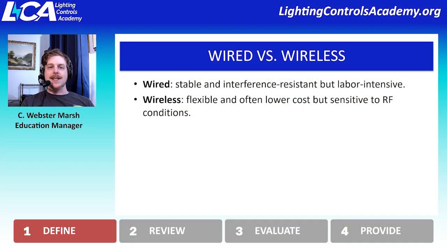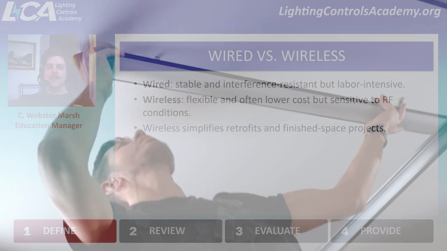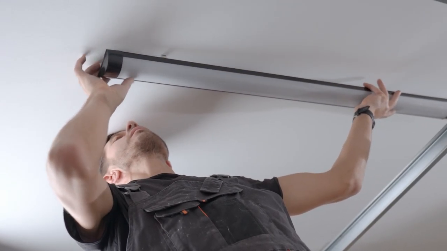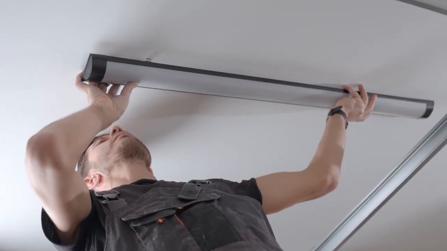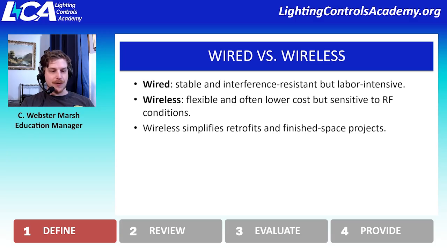Wireless, on the other hand, tends to be a bit more flexible, maybe a lower cost, but it has sensitivity to radio frequency conditions or any other scenarios that might interfere with communication or interrupt communication. Wireless is really good for retrofits or remodels, and if you're really trying to add devices to a finished space without having to knock down walls or open up ceilings, they really do provide an excellent solution for that.